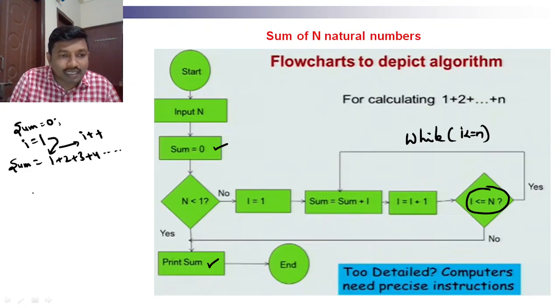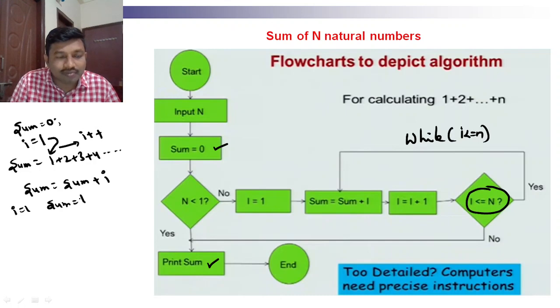So what I can write is sum equals sum plus i. Initially when i is equal to 1, sum will be 1. Fine. If i becomes 2, I have to add 1 plus 2, so I again do sum equals sum plus i.